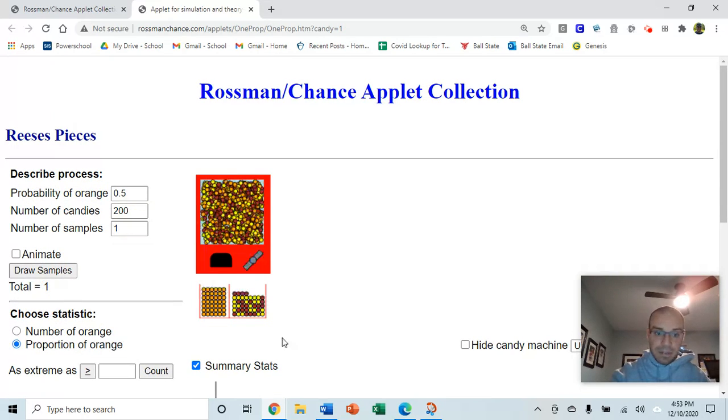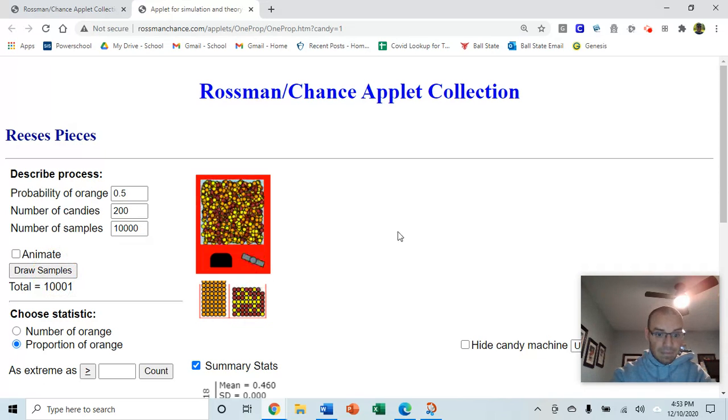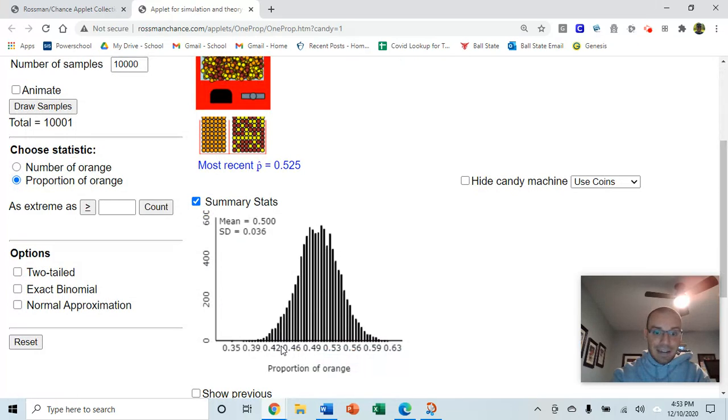From my population, I've just taken a sample of size 200. In this particular sample, I got 46% orange. And I'm going to do this, again, 10,000 times, and they're going to plot down in here as my individual p hats.